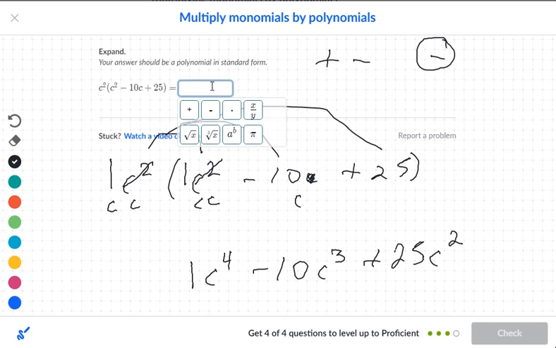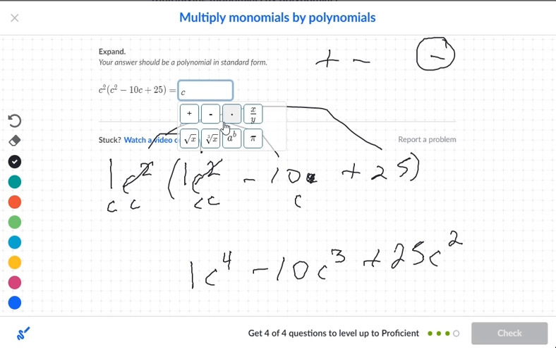So let's type in the answer. Now, you don't have to put the 1 in. You can just disregard the 1. So we could just go c, press the AB key, put in a 4, press your space bar. We next want to type in a negative 10. So we're going to say c, press the AB key, take it to the third power, press the space bar.